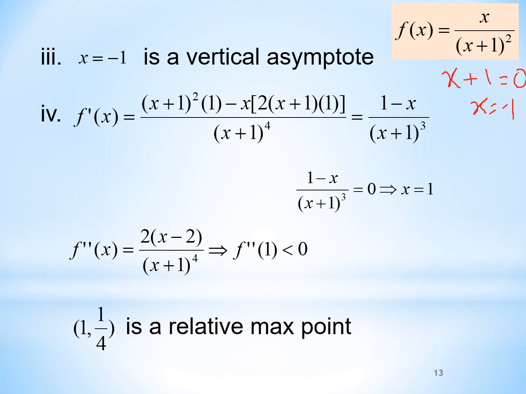And then number 4 is to find the first derivative, so that you can find your critical values. So we differentiate it first using, okay, I'm sure you know how to do this, VU prime minus UV prime over V square, right?